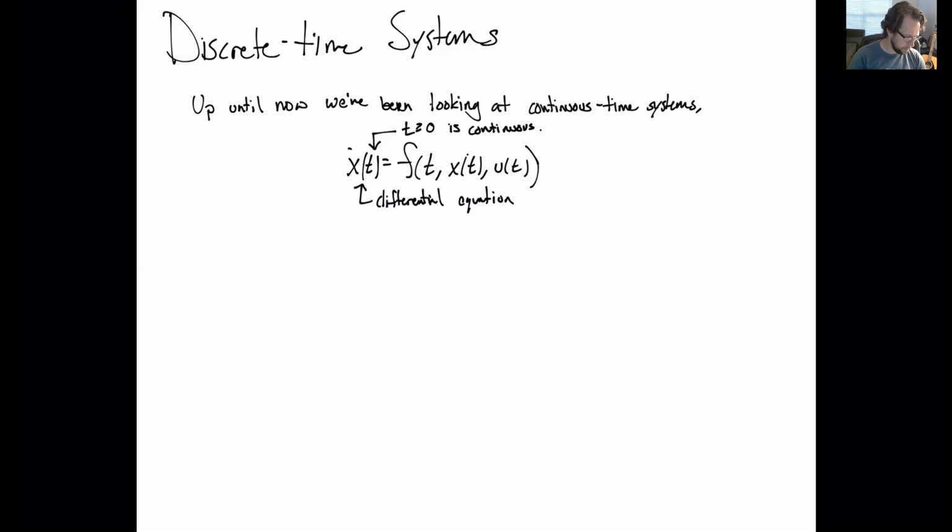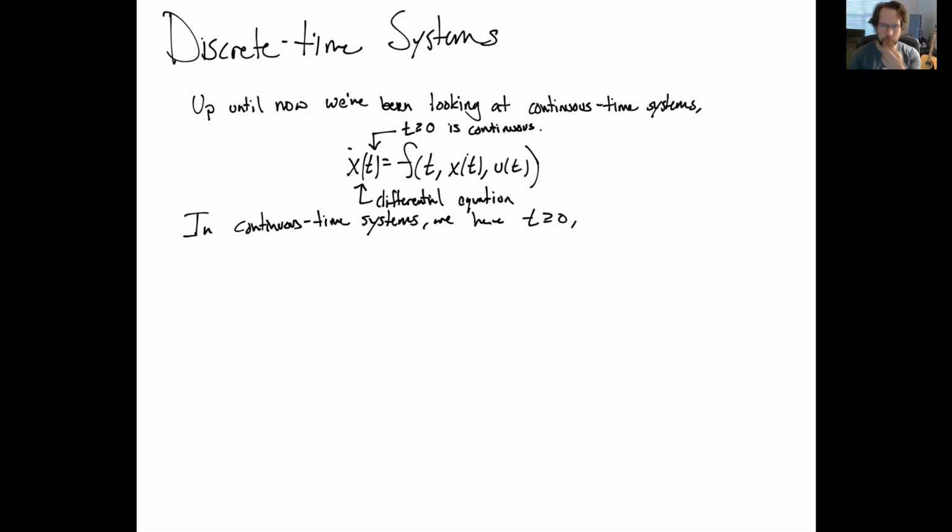So in continuous time systems, we have an independent variable t, which is greater than or equal to 0.